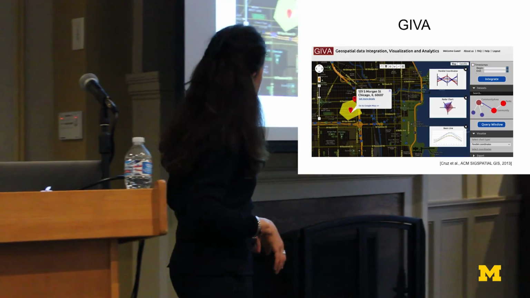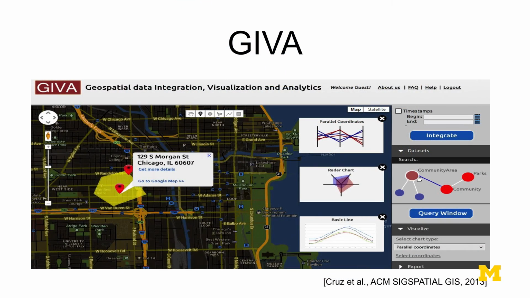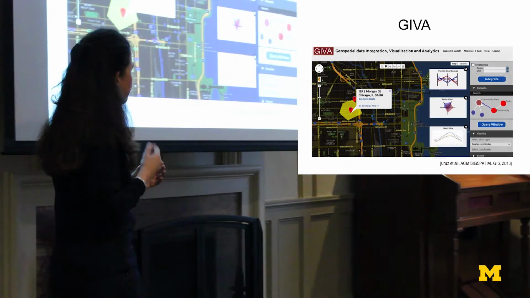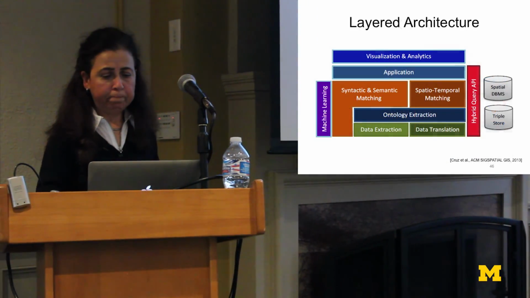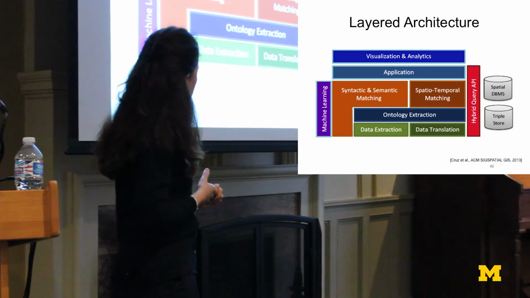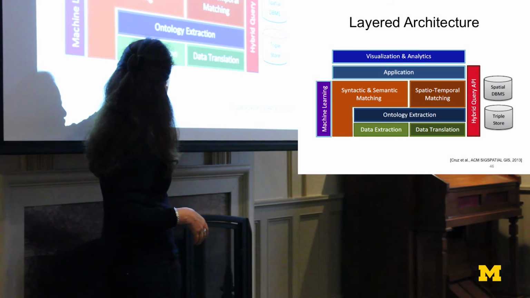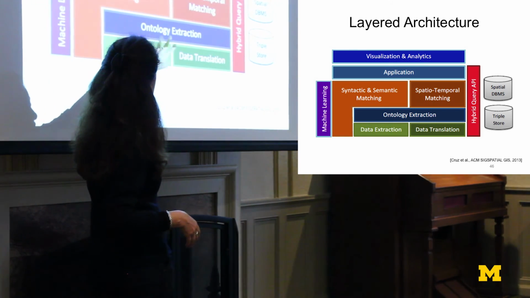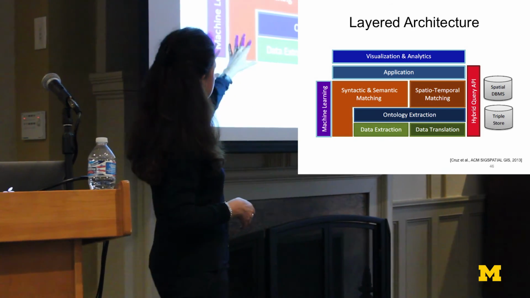So this is the interface, and we can focus on different areas. We can specify which data sets to integrate, and there is this visualization component that I already mentioned. This is the layered architecture with several of the things that I already talked about: data extraction, ontology extraction, spatial-temporal matching, syntactic and semantic matching.